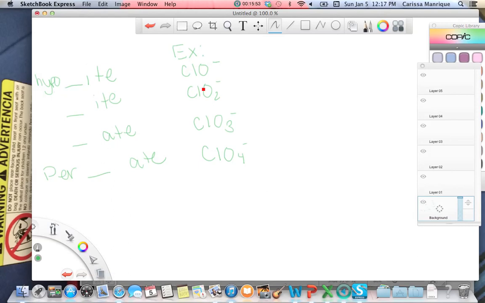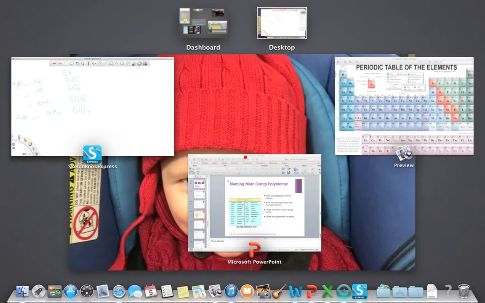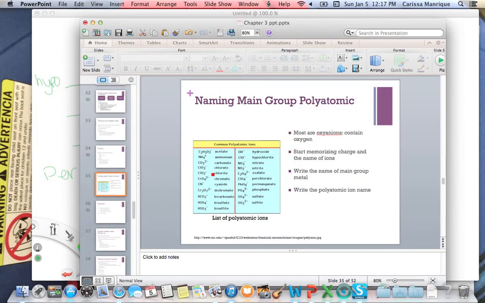Add another oxygen, and it's called chlorite. Add another oxygen, and this is called chlorate. And add another oxygen, and it's called perchlorate. If you look on here, those are all on here: hypochlorite, chlorite, chlorate, and perchlorate. Anyway, that's just a trend with oxygens.